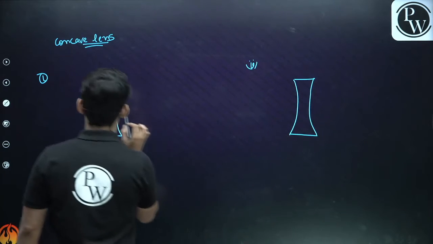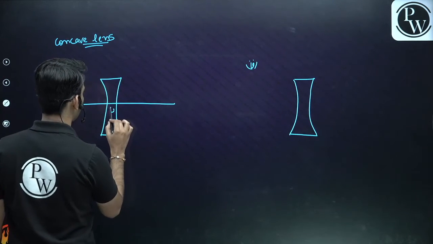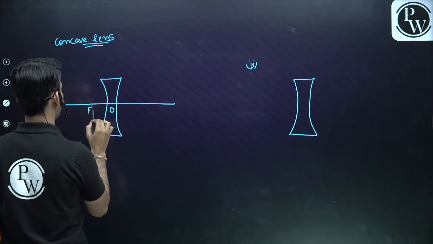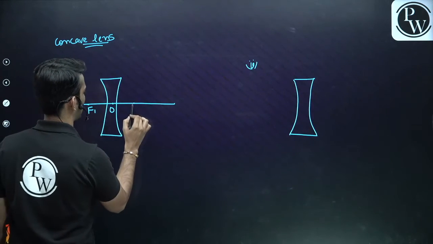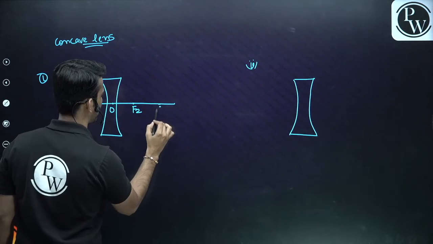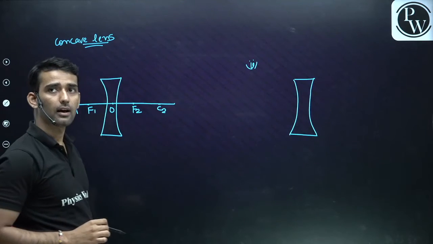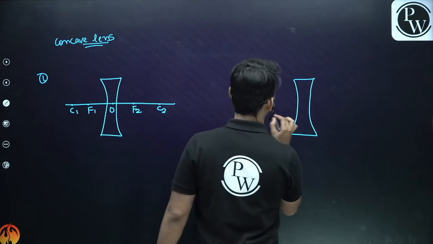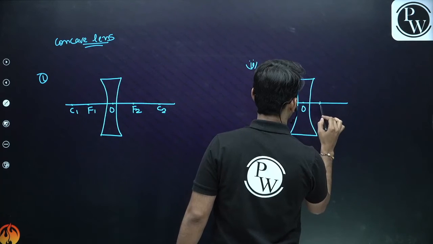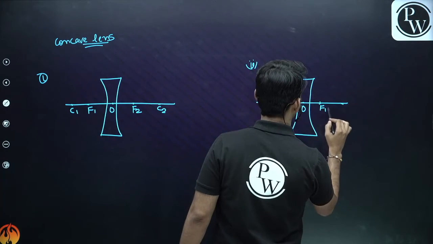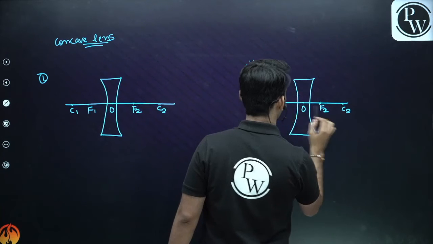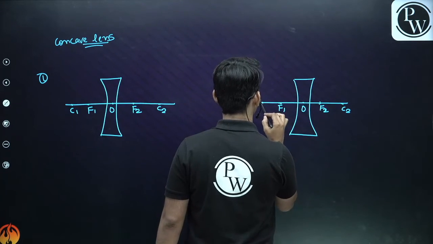Okay, so this is optical center, this is F1, this is C1, this is F2, this is C2. Okay, are you getting it, guys? And what about this? This is optical center. This is F1, this is C1, this is C2.